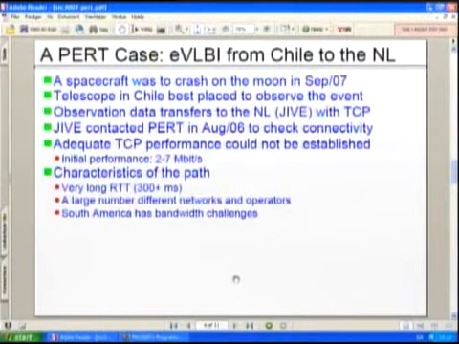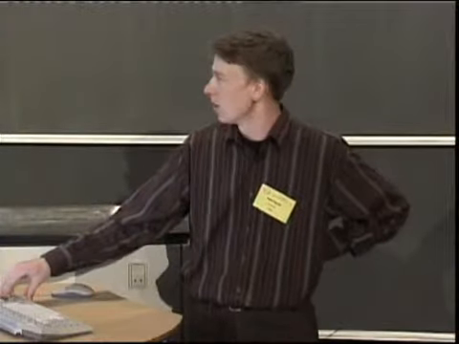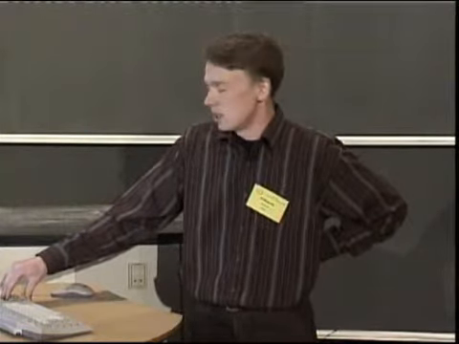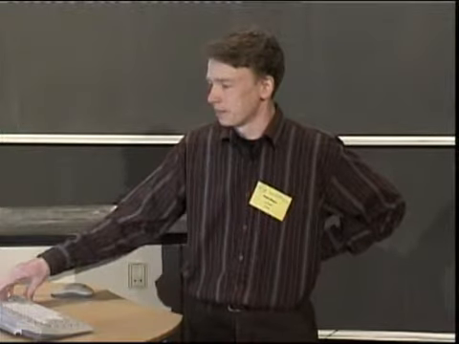For example, one network's uplink capacity was 90 megabits. So this was in no way a simple case to look at compared to what kind of challenges we usually see in European tests.